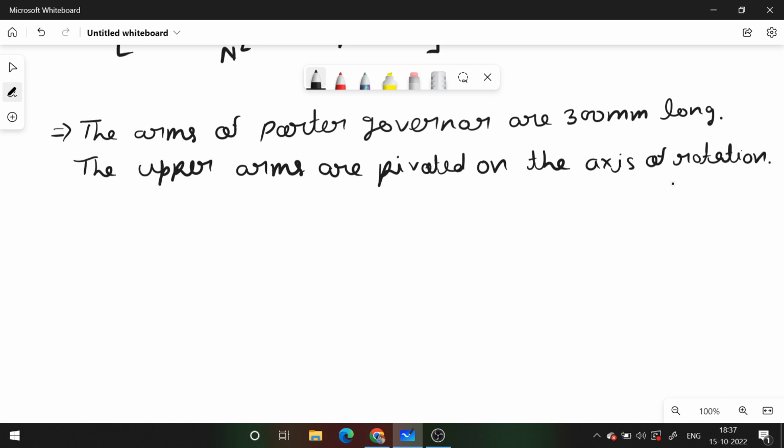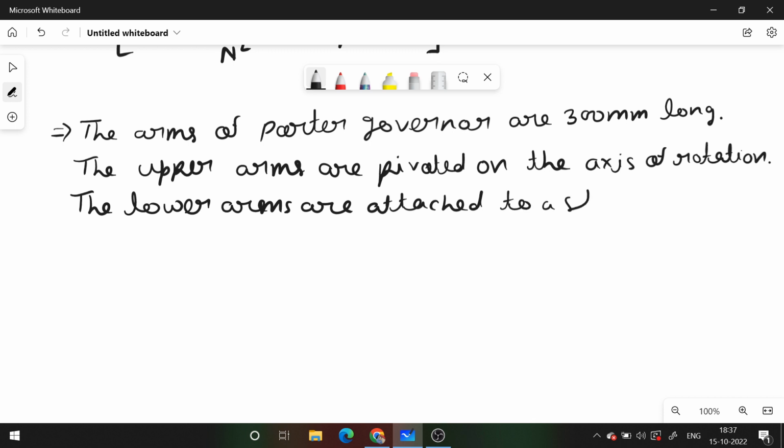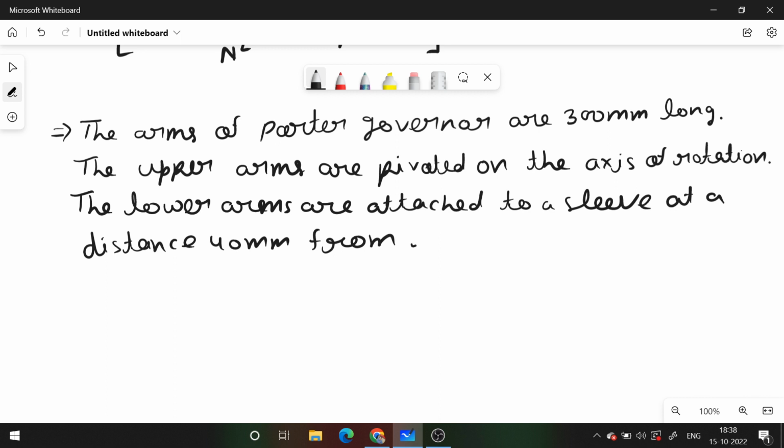The lower arms are attached to a sleeve at a distance 40 mm from the axis of rotation.